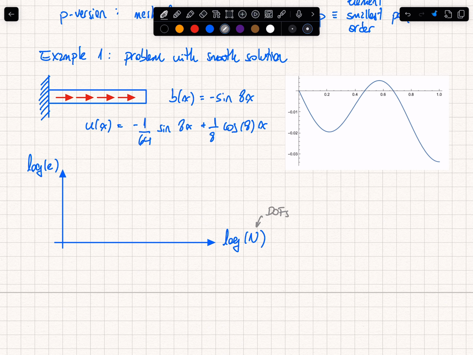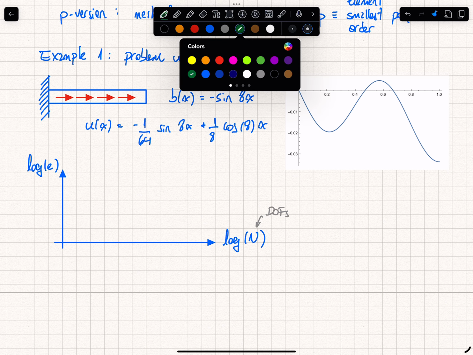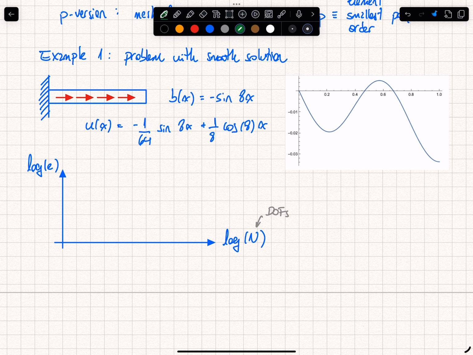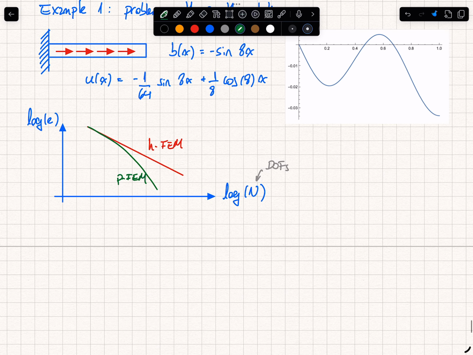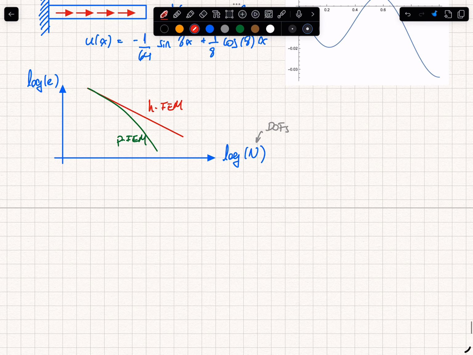Well, here, maybe I'm going to choose this guy here. This is going to be h-FEM, but this is going to be p-FEM. Okay?